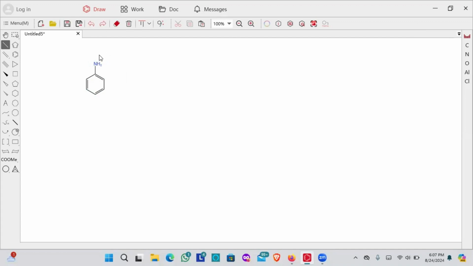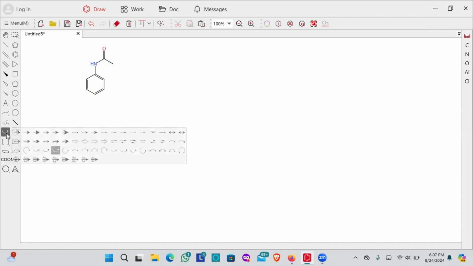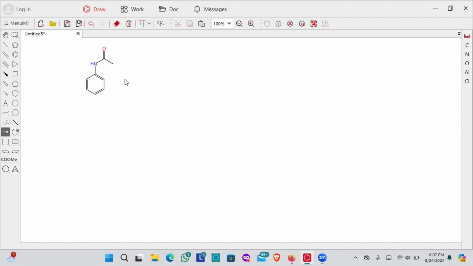Let's fix it. Okay. So the first thing we're going to do is add sulfonyl chloride on the para position of the acetanilide.